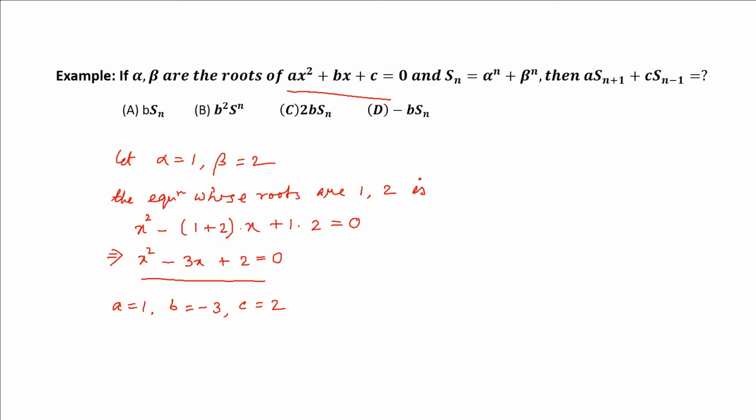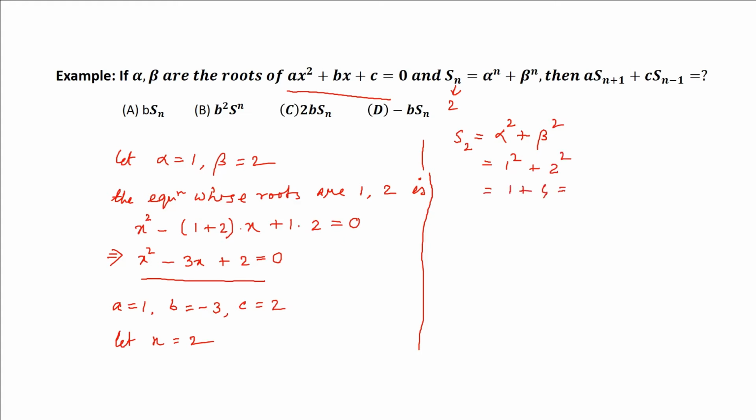Now again let n equal to 2. You see S2, here we put n equal to 2, S2 equal to alpha square plus beta square. So what we get? 1 square plus 2 square, that is 1 plus 4 equal to 5.